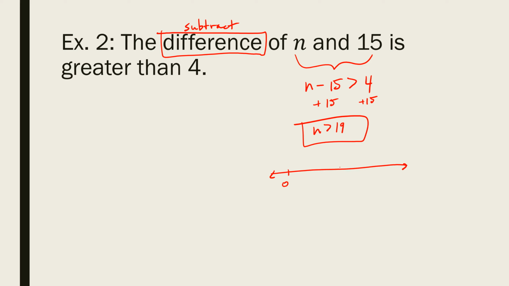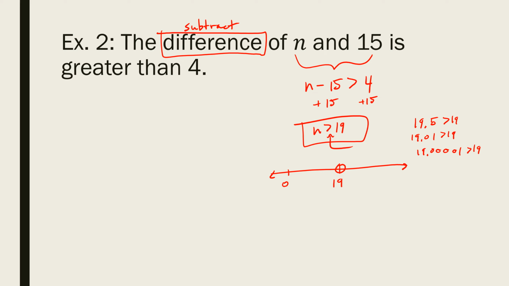So 0's over here, 19's like here. Since n has to be greater than 19 but not equal to 19, I'm going to show this with an open dot. Even though n could be numbers like 19.5, 19.01, 19.00001, those numbers are all bigger than 19.